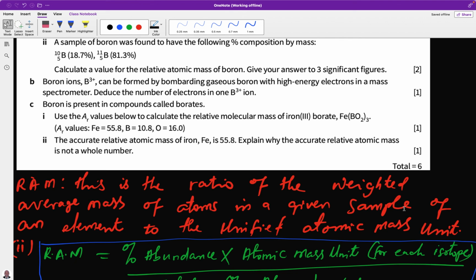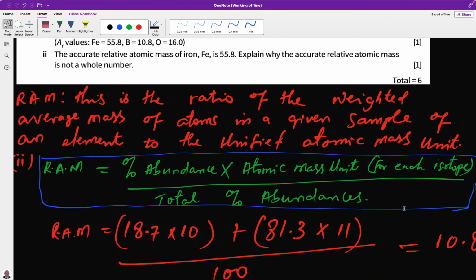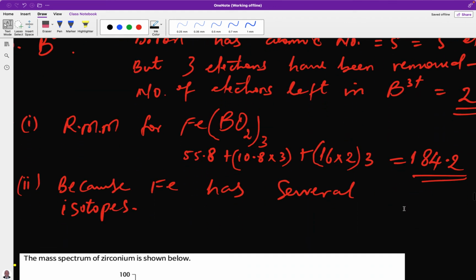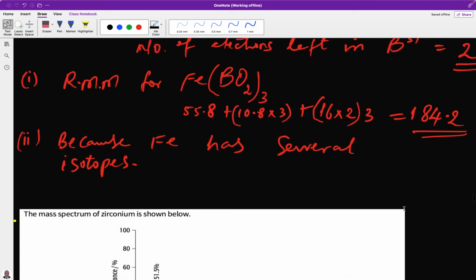When we take an average of it, we take the percentage abundance times the atomic mass unit for one isotope plus the other one, and we add all of them and divide by the total percentage abundance. You will see that it can't be a whole number because there are many isotopes involved. So our simple explanation here why iron has a decimal, not a whole number, is that iron has several isotopes.